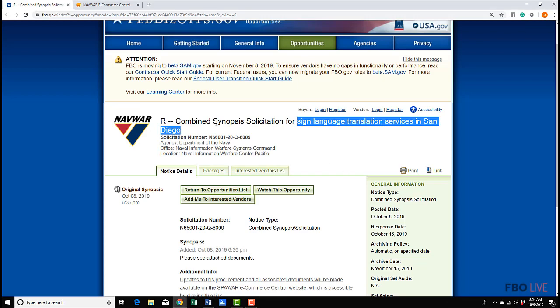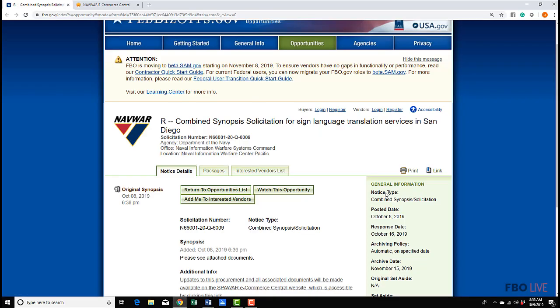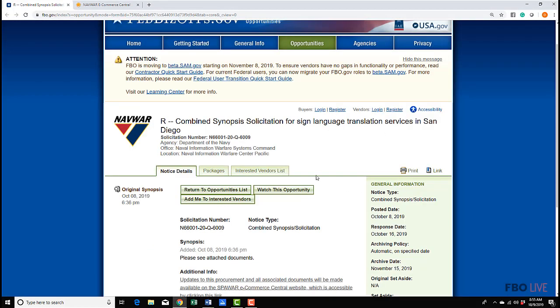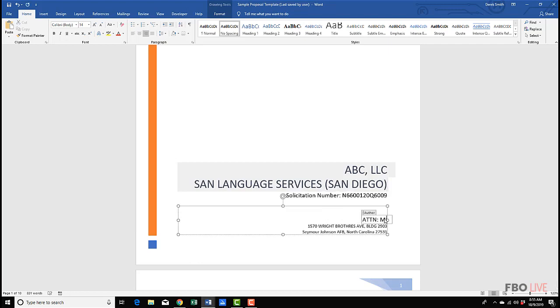Cool. Yeah, that fits in there. Looks good. Solicitation number. I'm trying to type as much of this in. I prefer copy and paste. It's a little bit quicker. But since I'm going to make these available to you guys, I want the formatting to be nice. And it only takes an extra minute or two.